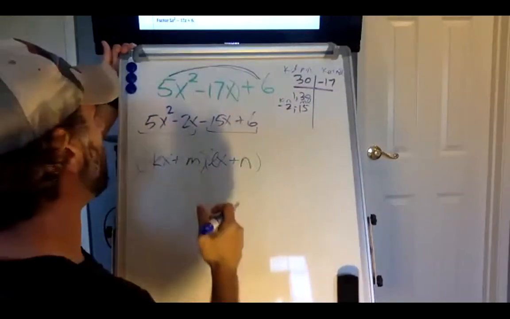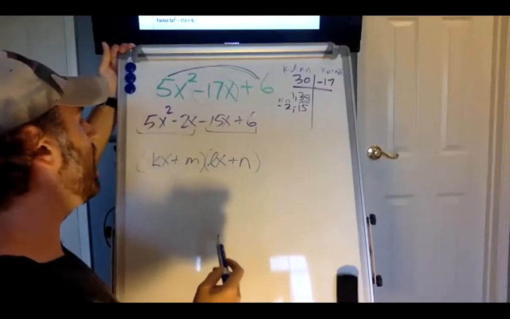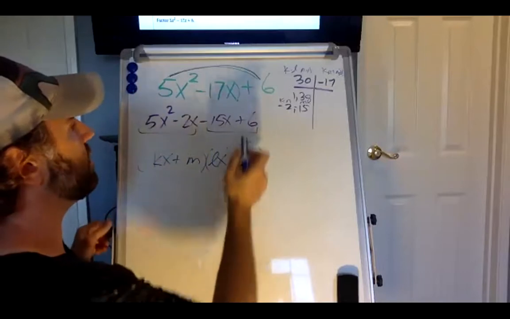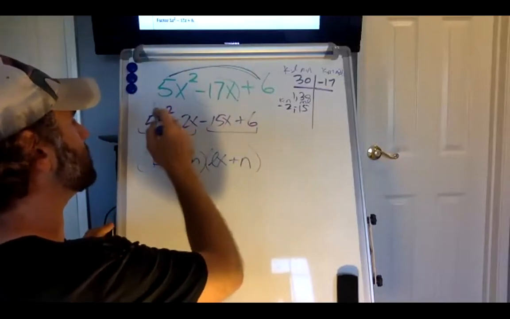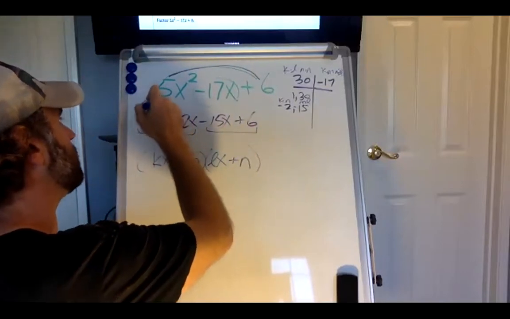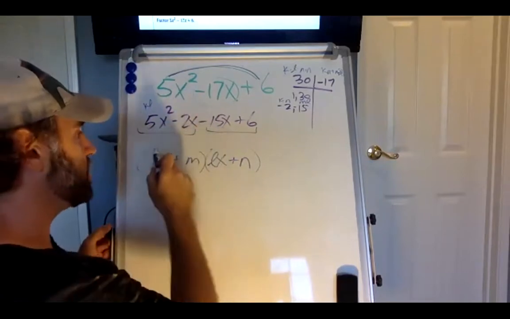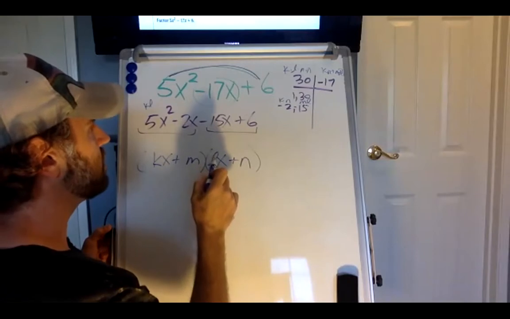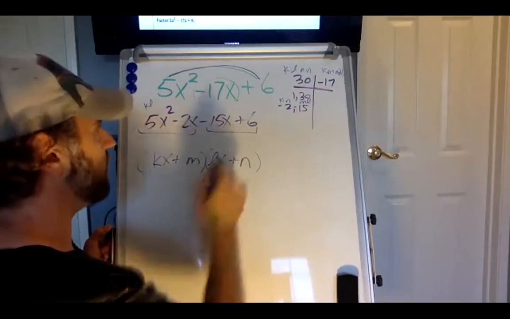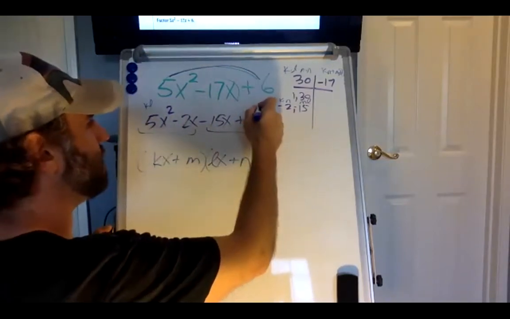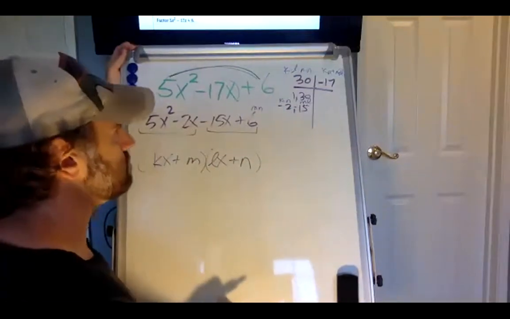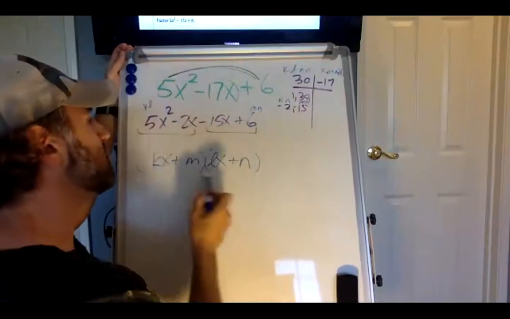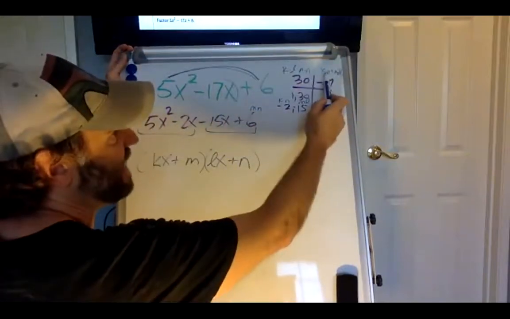We will. Hold on. Okay, so what did we learn? We learned that our beginning term is KL, because when you multiply these, you're going to get KL, right? Your last term is going to be MN. When you are doing this, we know that the middle two terms have to be KN and ML.